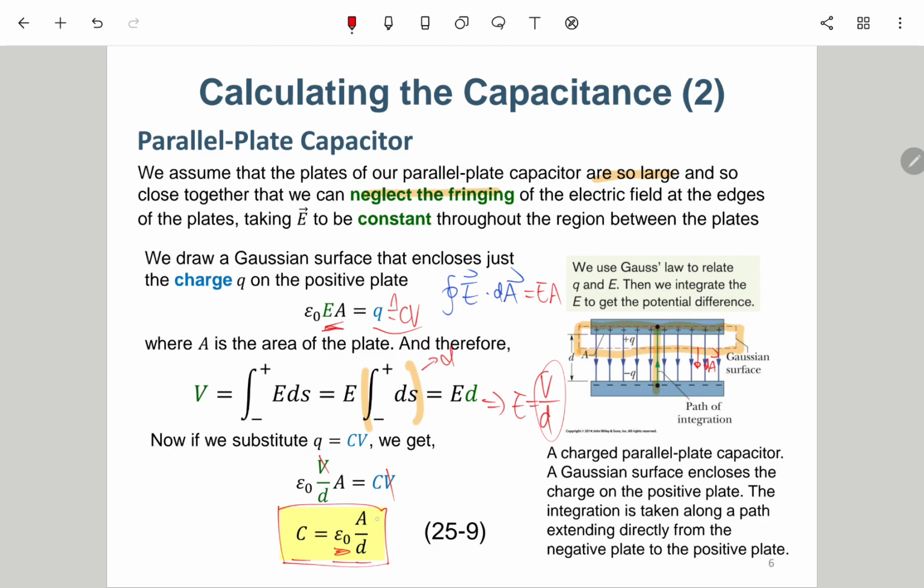A is the cross-section area of the conducting plate, 就是那个截面面积, and d is the distance between the parallel plates.